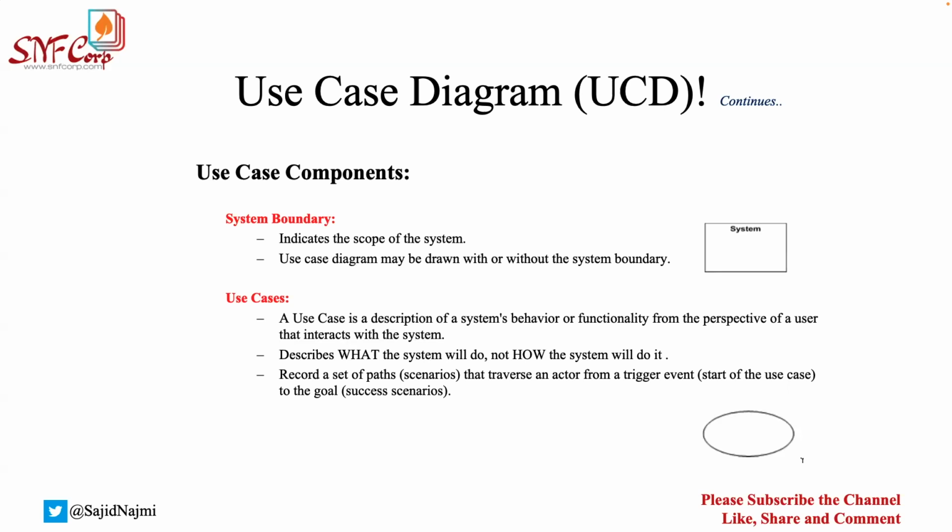Whenever you're achieving some goal, you're starting from somewhere, triggering some actions, and then achieving the goal. So what will be the different paths your actor goes through to achieve that goal? This use case diagram will tell those things only, and not how things are happening.